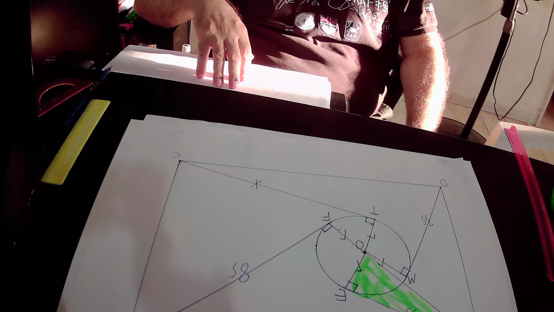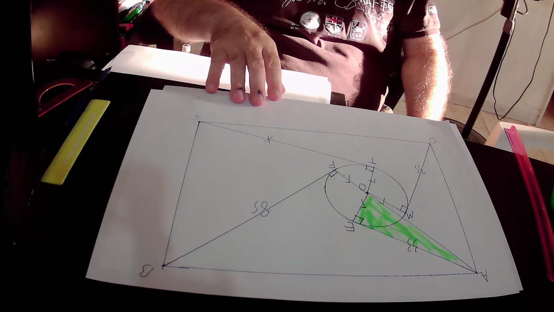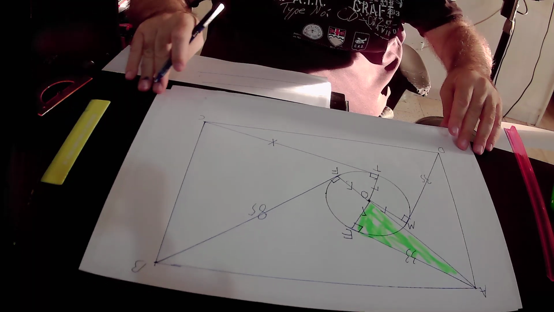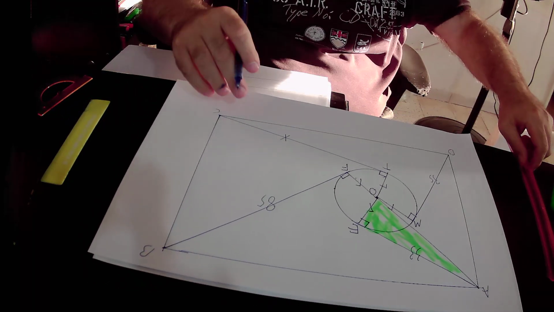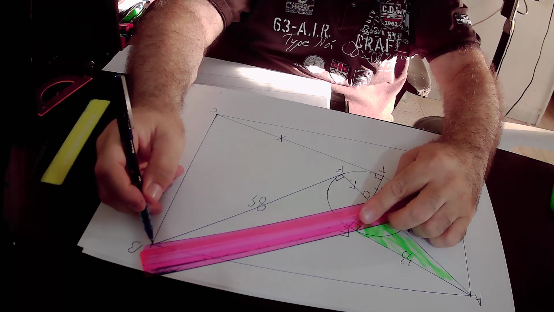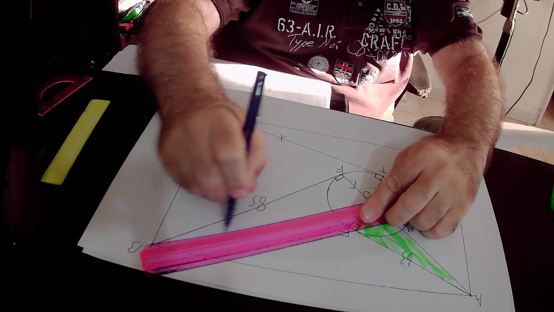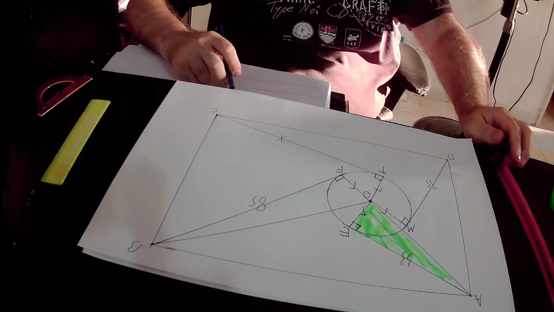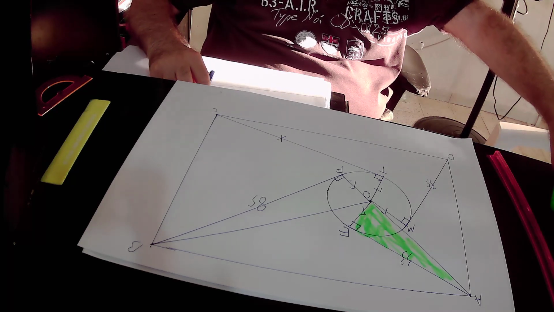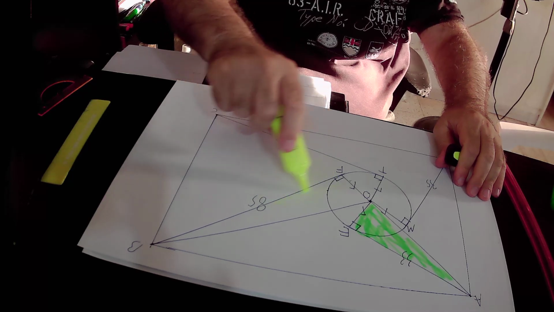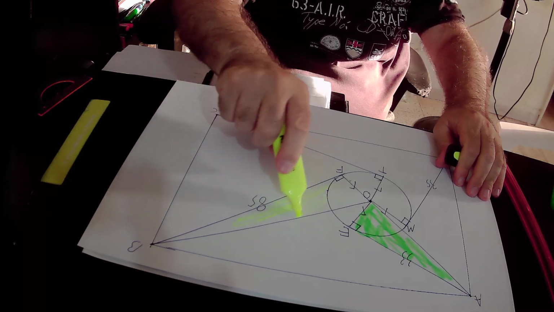In the next step, we'll join points O and B together by a straight line. And we'll implement the Pythagoras theorem on the right yellow triangle, triangle OFB.